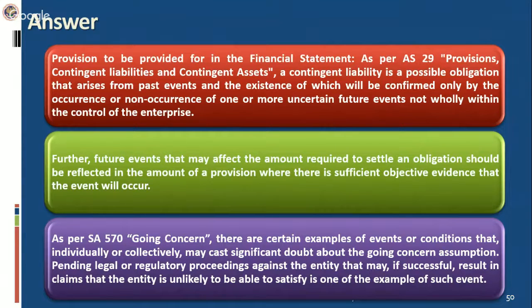One example given is a pending litigation or regulatory proceedings against the entity that may, if successful, result in claims that the entity is unlikely to be able to satisfy. This provision of SA 570 is attracted here.